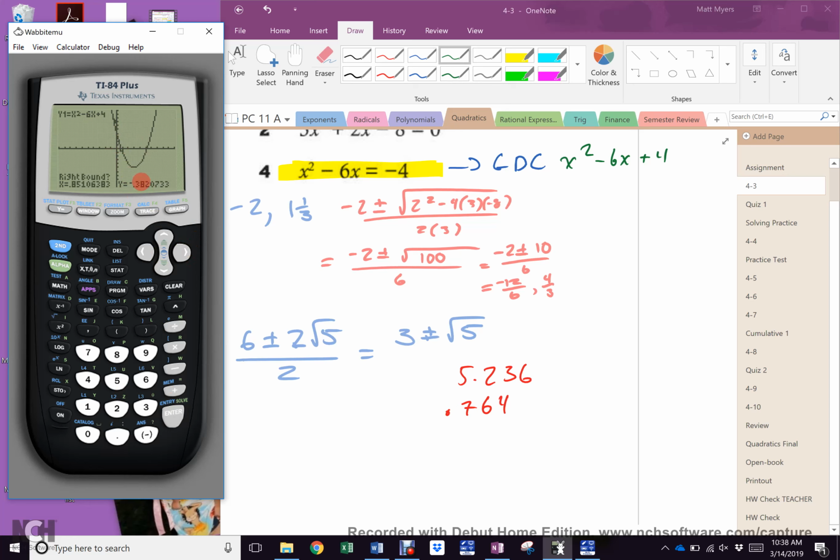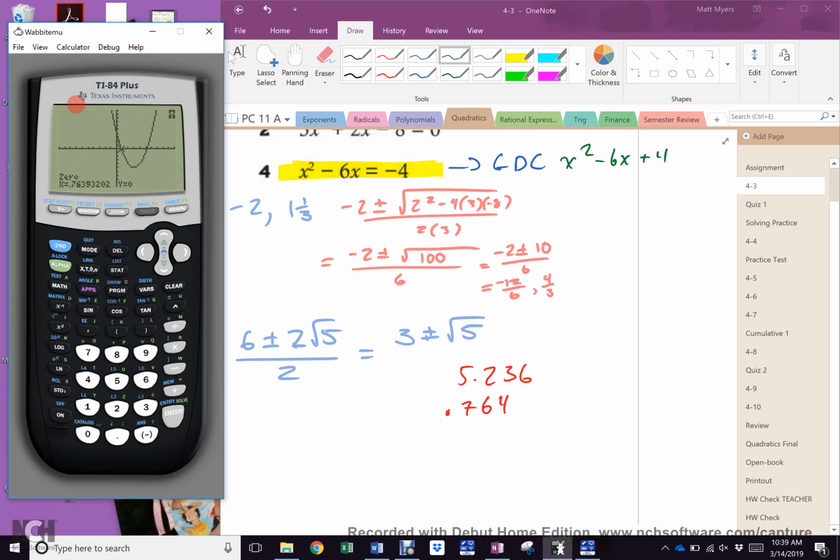So am I okay? So can I hit enter? Do I want it to guess? And if I have done this all right, what should show up? 0.764, correct? 0.764. Everybody cool? And if I've done it right, the other zero should be 5.236, right?